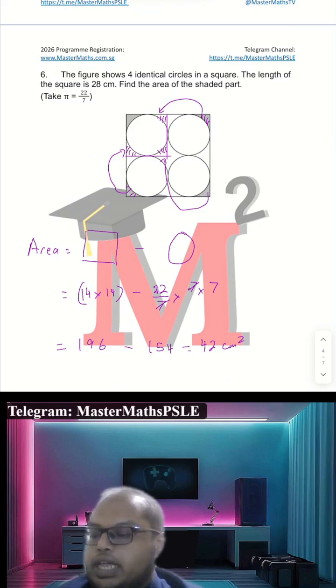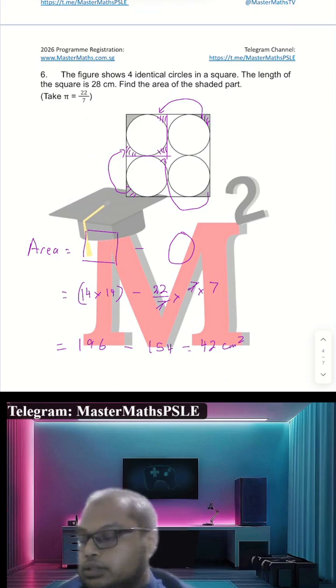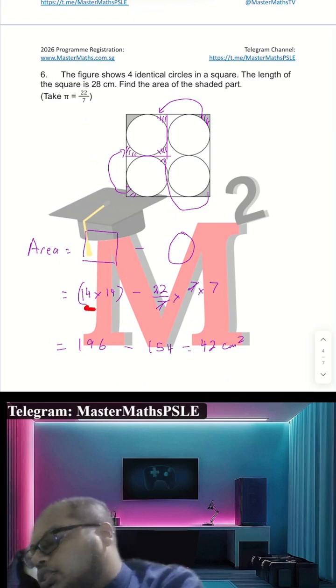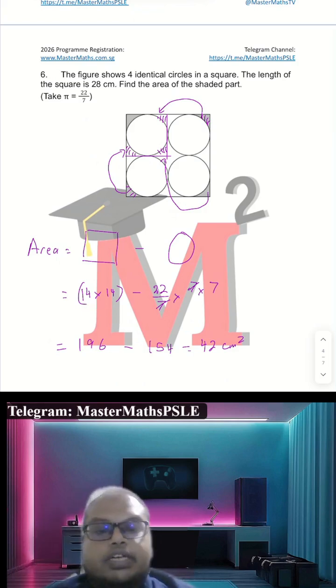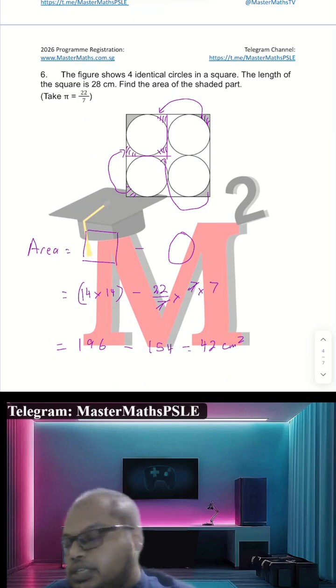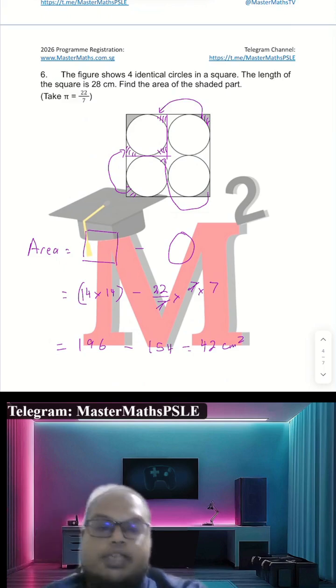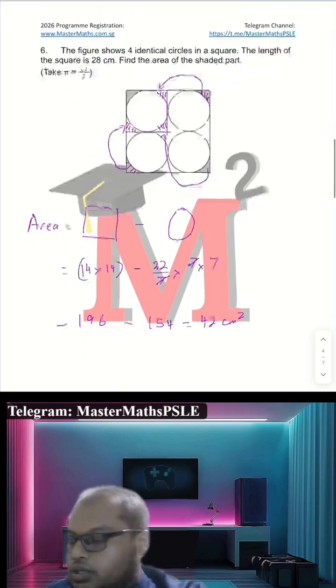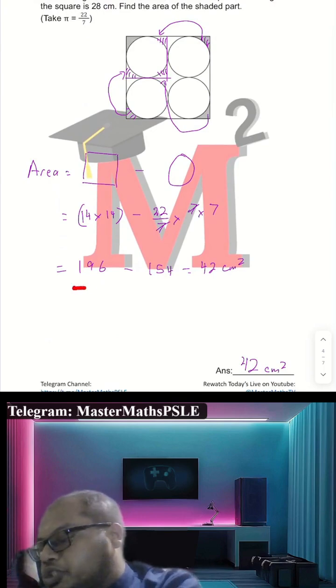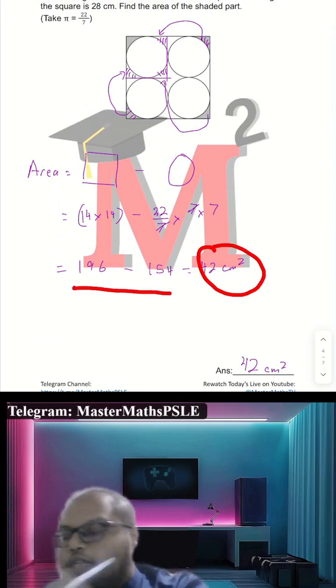So basically the area of the shaded part is the square minus the circle. So the square is 14 times 14. The circle radius is 7. So 22 over 7 times 7 times 7. Okay, then we subtract them, we get 42 cm squared.